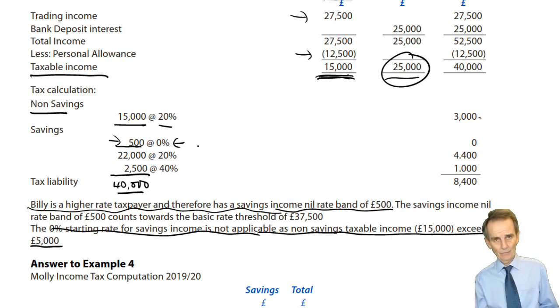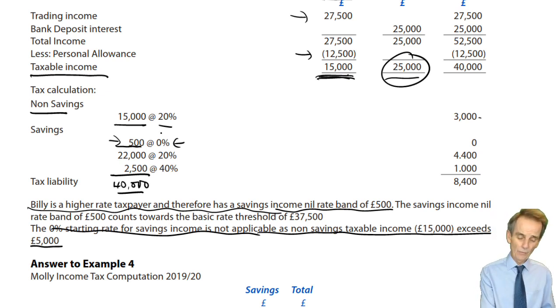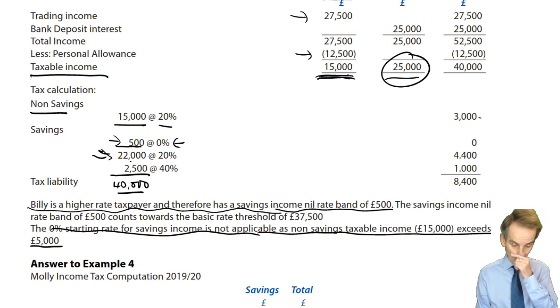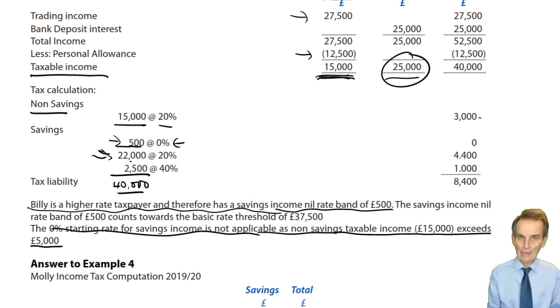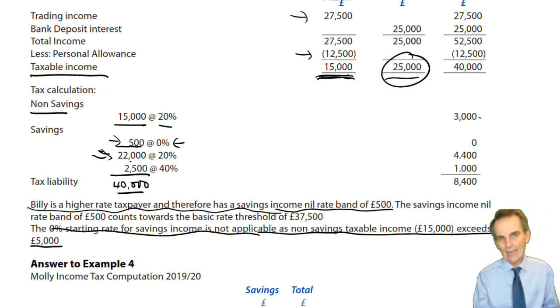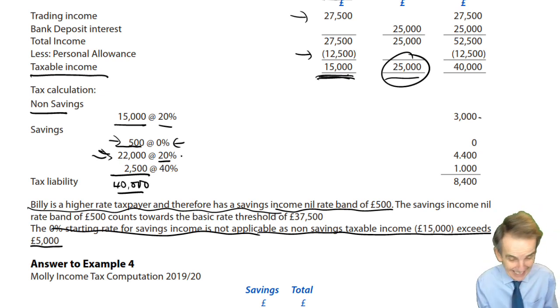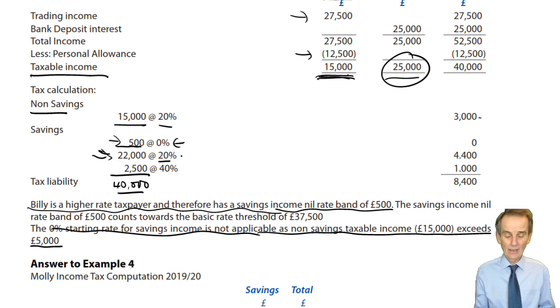So 37,500 less what we've used already, 15,500, will therefore leave us with £22,000 of remaining basic rate band, which we then proceed to use, the relevant basic rate of 20%, in calculating the amount of tax on that taxable savings income.